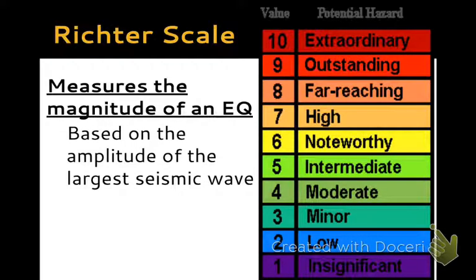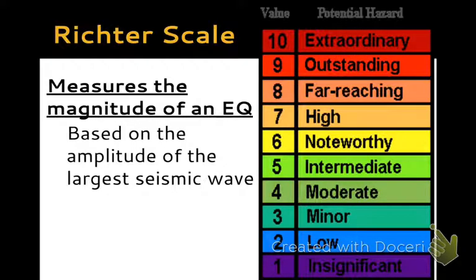Then you've got your noteworthy one at a 6, where you felt it pretty good and there probably was a little bit of damage. You have 8 far-reaching, so this is going to be one that is felt very, very far away from the earthquake. There was an earthquake, oh goodness, I cannot remember where it was, but a couple years ago, it was not in Greenville, but we could feel the effects of an earthquake that happened in a different state.